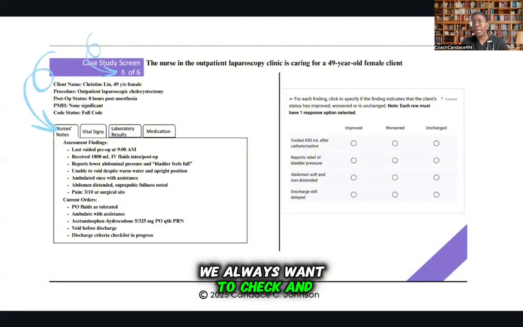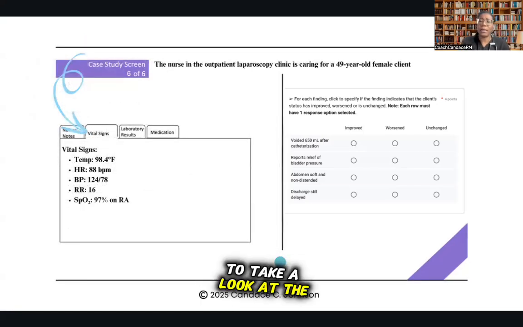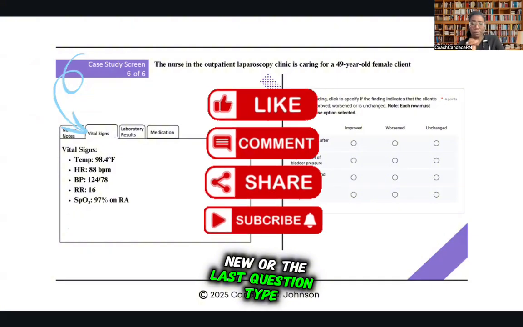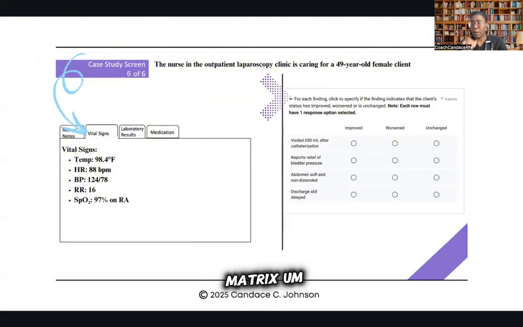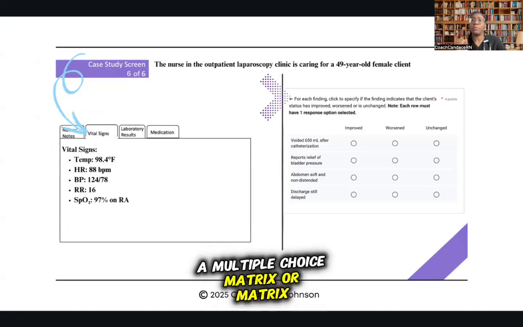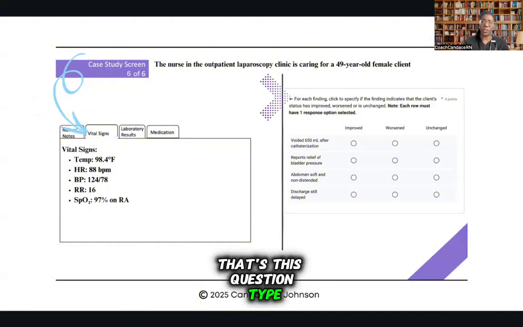We always want to check and see if a new tab has opened. And now we're going to take a look at the last question type. This is another one of those matrix multiple choice question grids. A multiple choice matrix or matrix multiple choice. That's this question type.